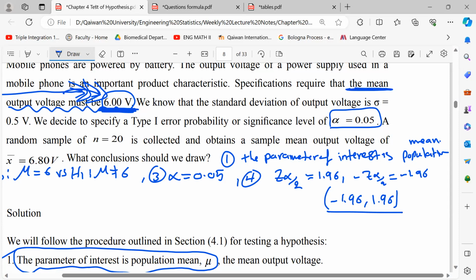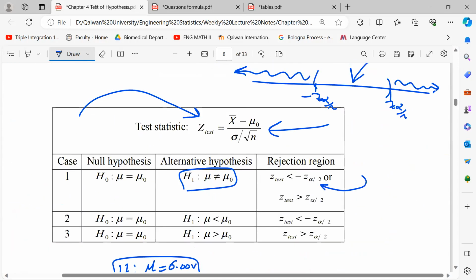But if it's not in the interval, if it is greater than 1.96 or less than minus 1.96, as given here, in this example, z of alpha over 2 is 1.96.